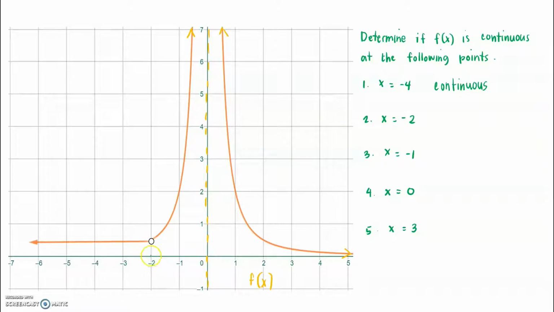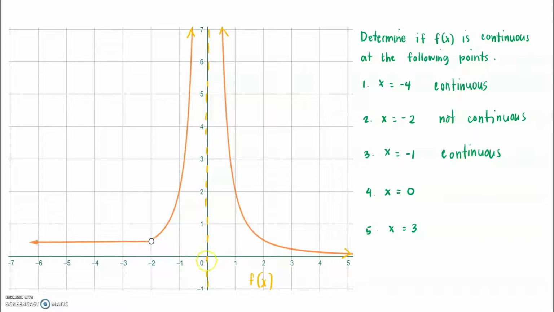On the graph, we encountered a hole at x equals -2, meaning to say f of x is not continuous at x equals -2. Now let's have x equals -1. On the graph here, there's no hole, there's no break, meaning to say at x equals -1, f of x is continuous.